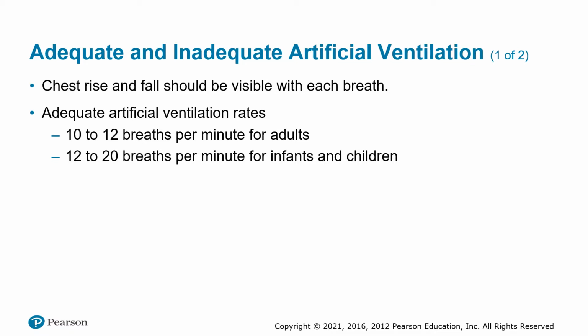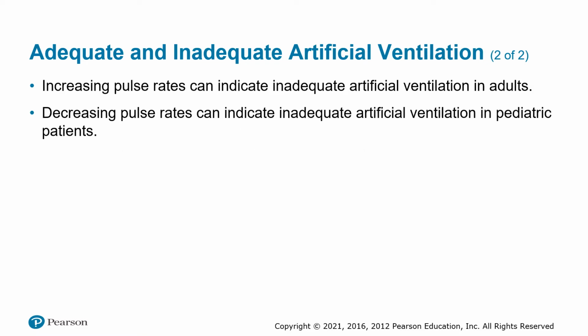Chest rise and fall should be visible with each breath, and we're going to ventilate at a rate of 10 to 12 for adults and 12 to 20 for kids and infants. Increasing pulse rates can indicate inadequate artificial ventilation in adults, and decreasing pulse rates indicate that you're not ventilating adequately for kids.